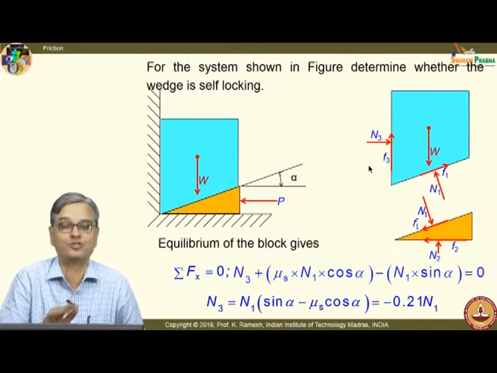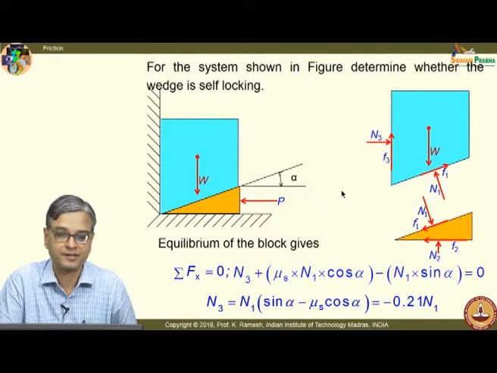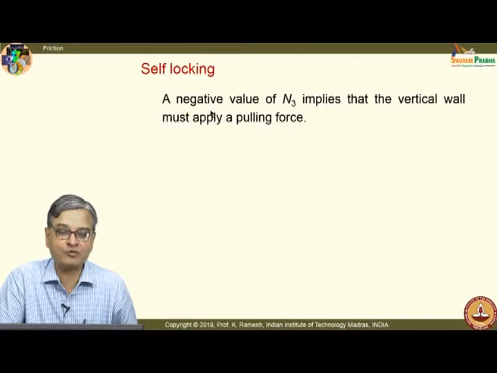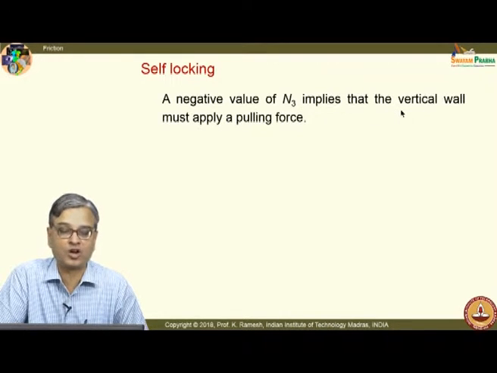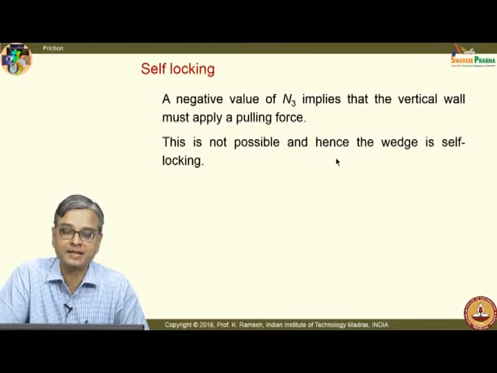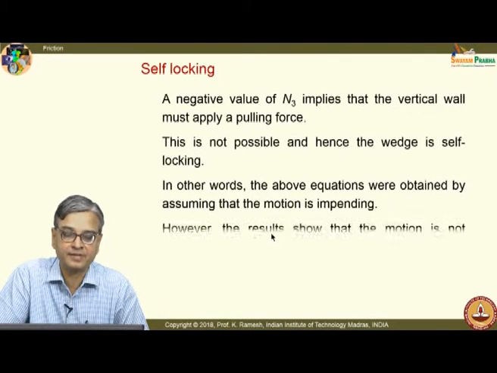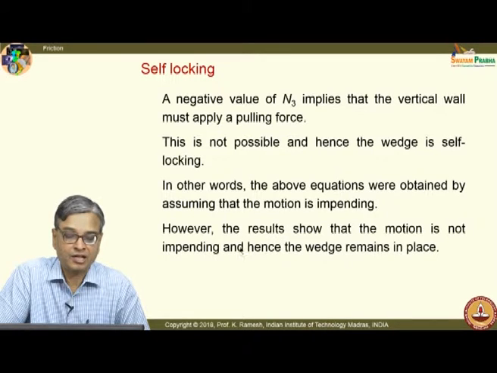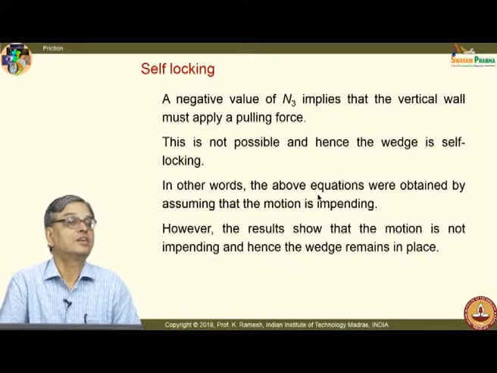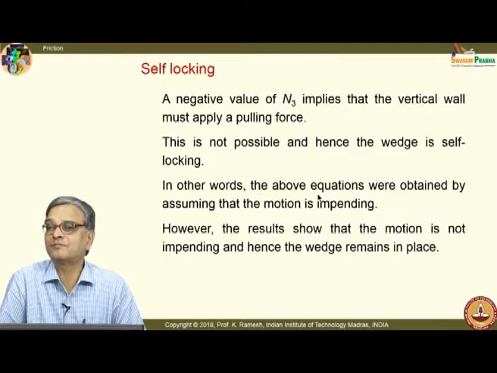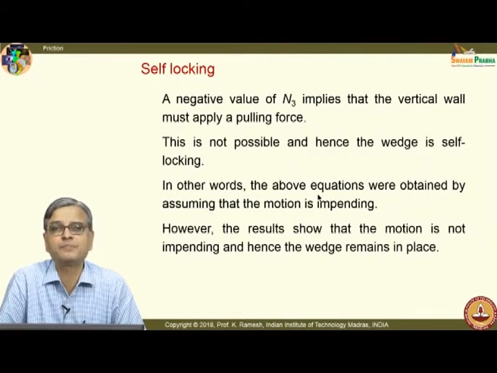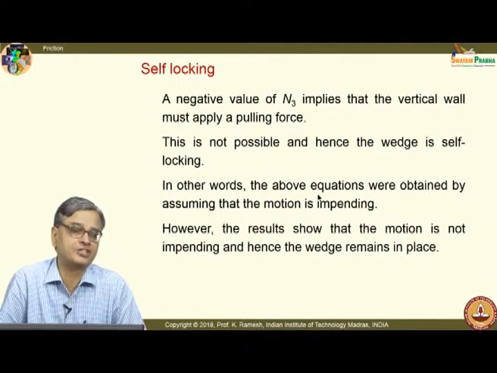So, this distinction you should be able to appreciate. A negative value of N3 implies that the vertical wall must apply a pulling force. This is not possible and hence the wedge is self-locking. So, we have established that the wedge was useful and the system was under self-locking. It is a very desirable property which is used in many mechanical engineering applications.